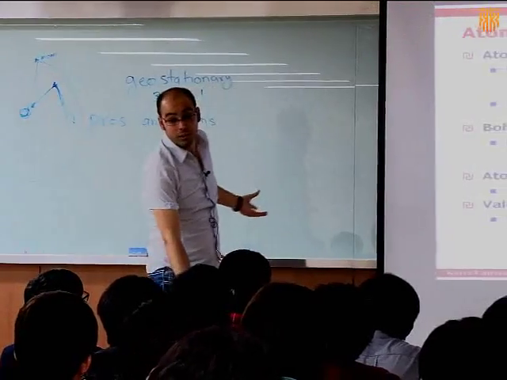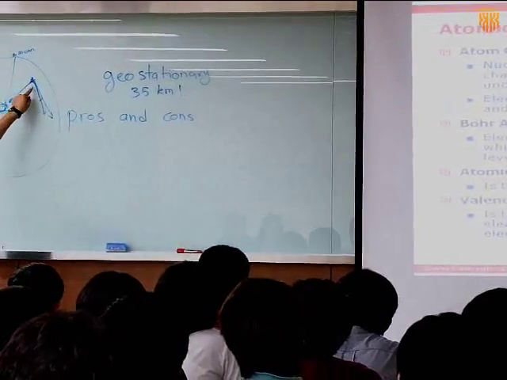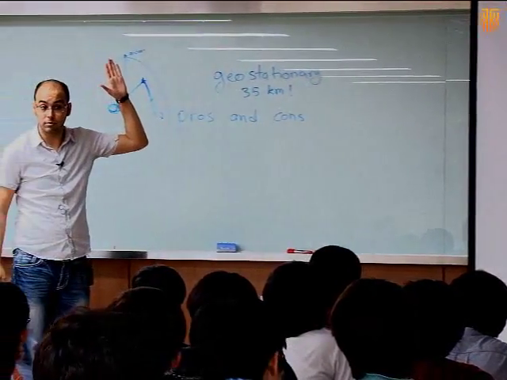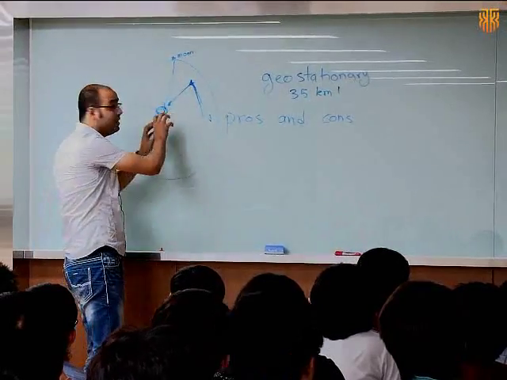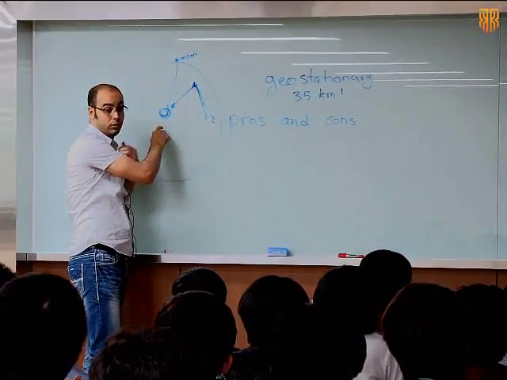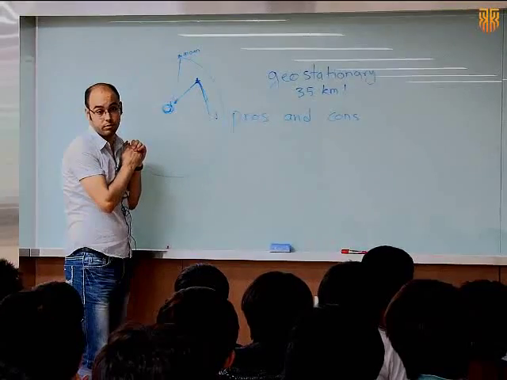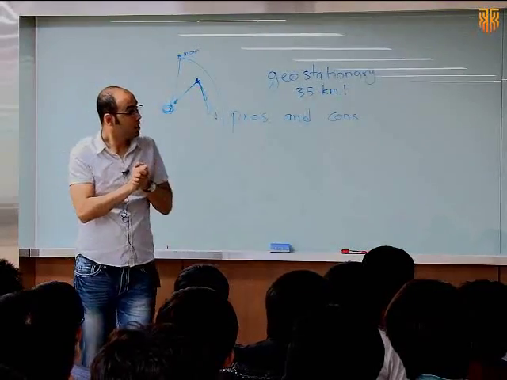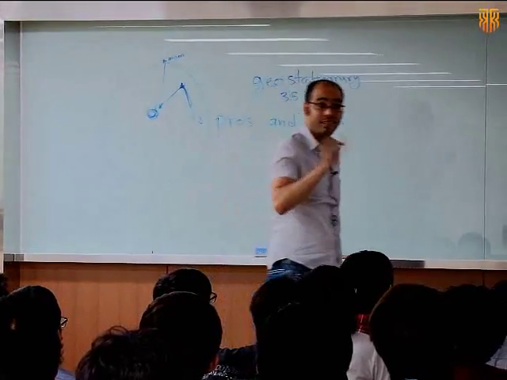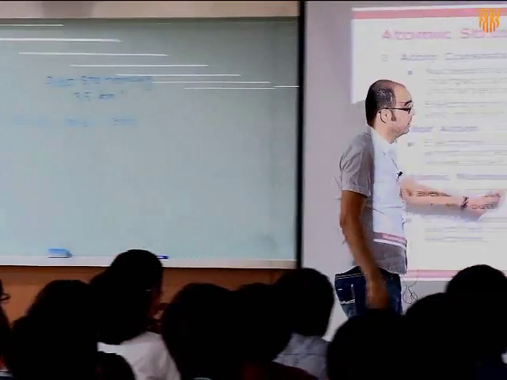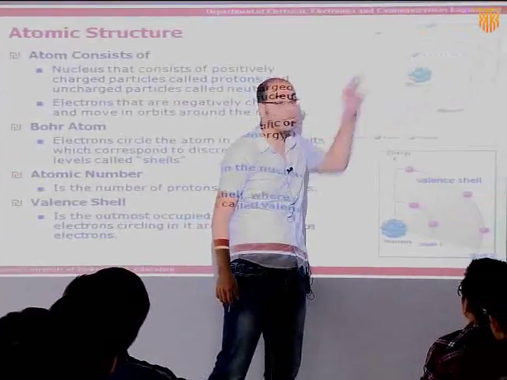In the case of, if we give more power for this one, it can go outside. Right? It can be released from the gravity of Earth. Okay? So it's exactly the same idea with the nucleus and the electrons.